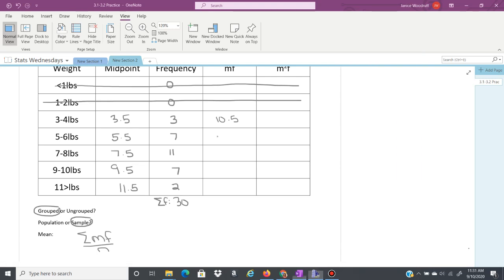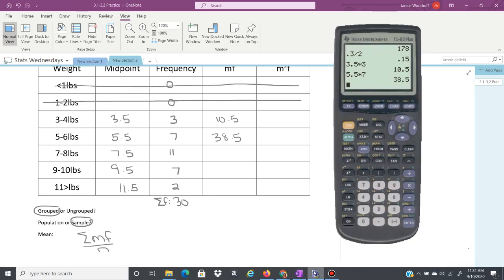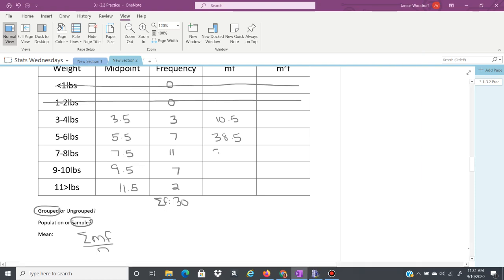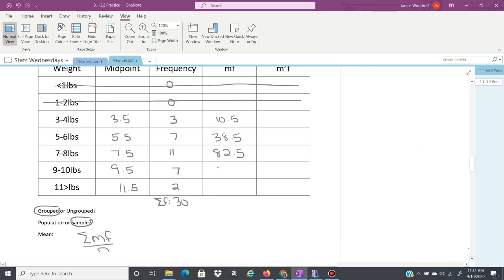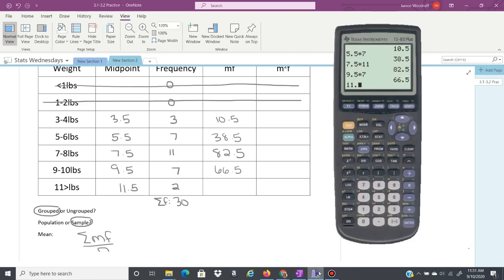That's going to give us 38.5. Then 7.5 times 11, 82.5. 9.5 times 7, 66.5. And then 11.5 times 2, 23.